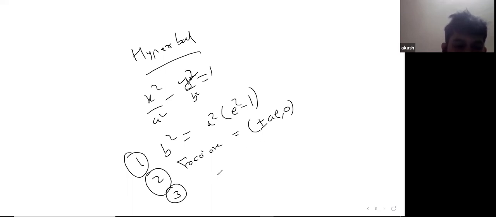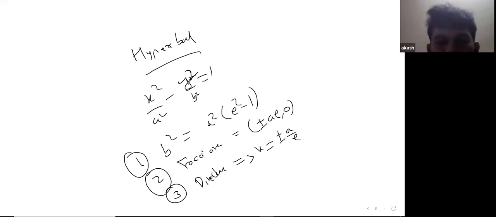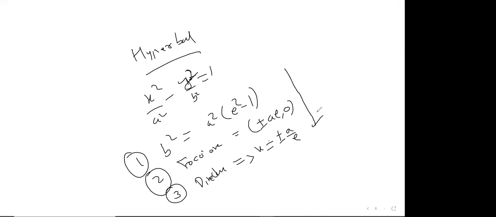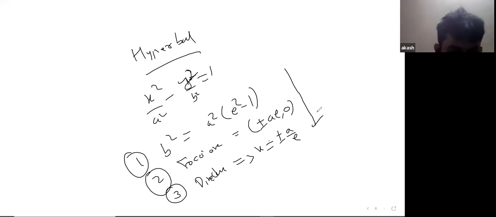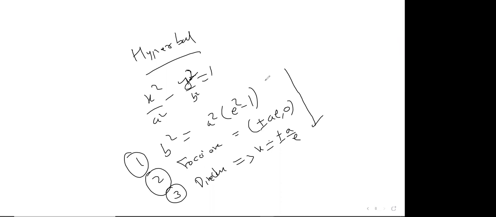The third one is directrix. And in a hyperbola, it doesn't matter if b is greater than a or a is greater than b. You just use these three formulas. No doubts. Okay. So do you want me to solve a question from this, or we shall move forward, because it's almost the same concept, right? Yes, sir. We can move forward.